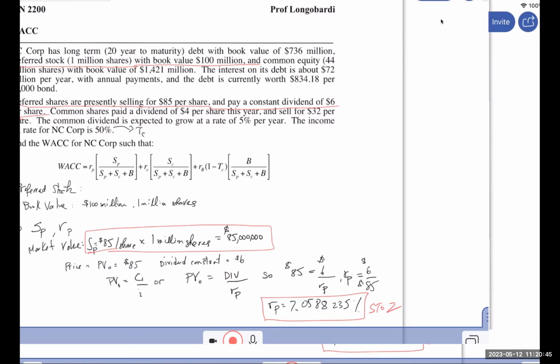And I store that in 5. Not in debt, sorry, in 5.